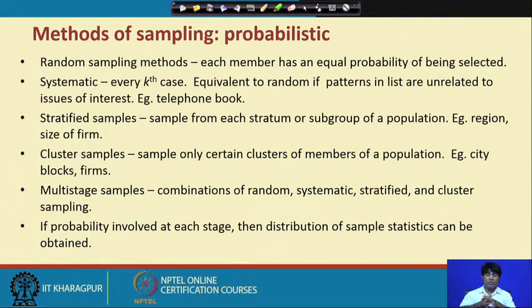Methods of sampling, particularly in the probabilistic case, include random sampling methods. Here you randomly pick particular samples to investigate a particular engineering problem, and in my knowledge this is the best procedure for selecting samples to analyze engineering problems, because it will give you an unbiased inference.